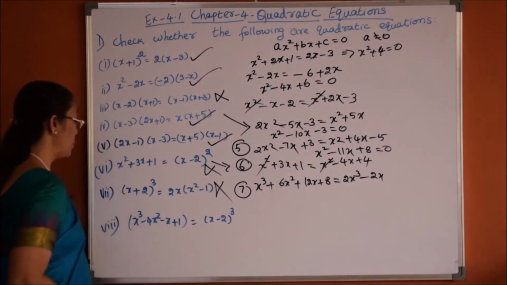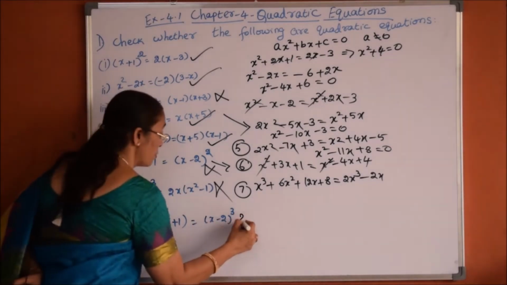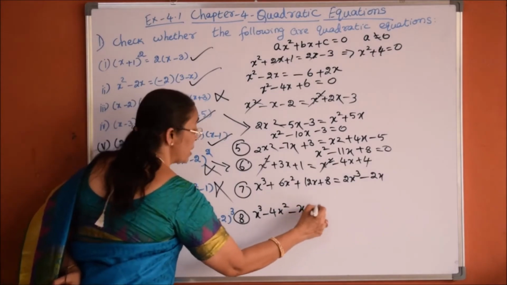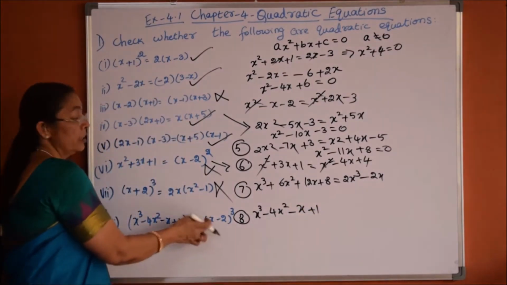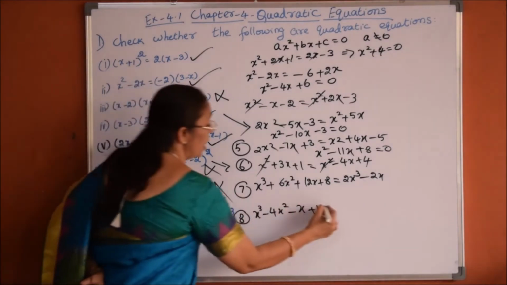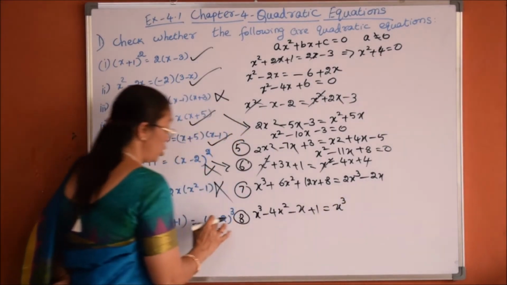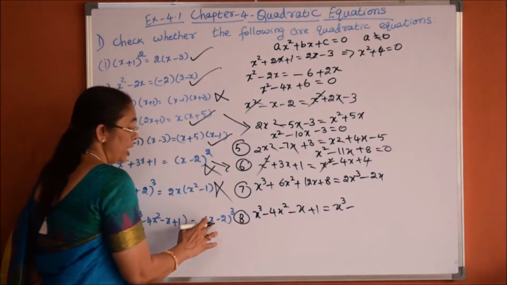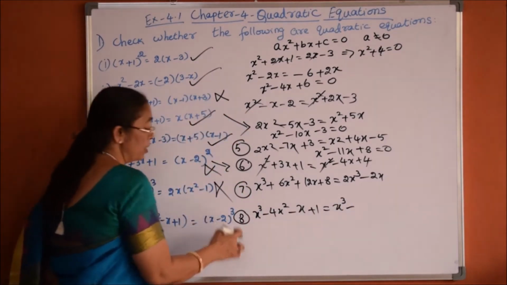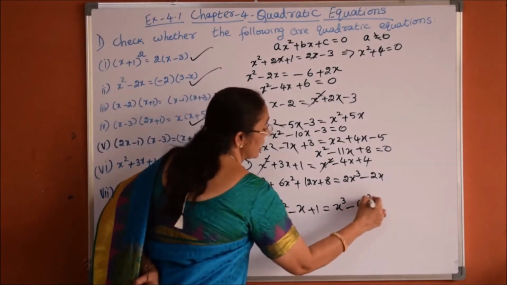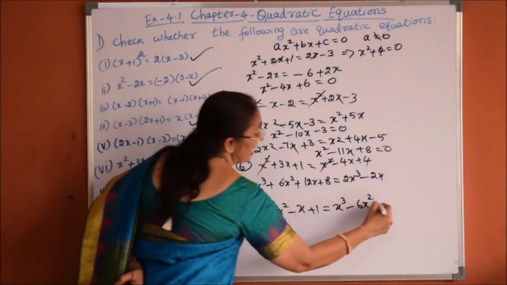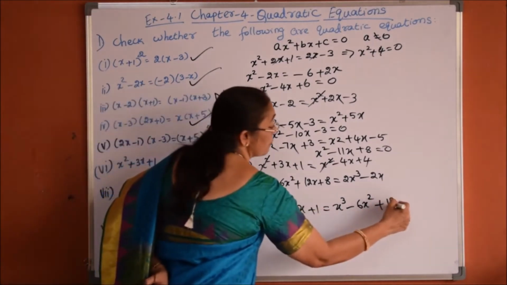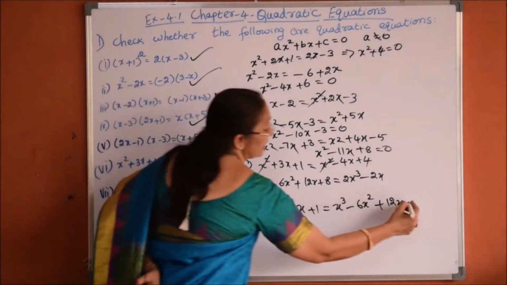Therefore, this is not a quadratic equation. Coming to the 8th problem, the left hand side is x³ minus 4x² minus x plus 1. What about the right hand side? You should use the (a minus b) whole cube formula: a³, x³, minus 3a²b, minus 3 into x² into 2, minus 6x², plus 3ab², 3 into x, b² is 4, 12x, minus b³, minus 8.